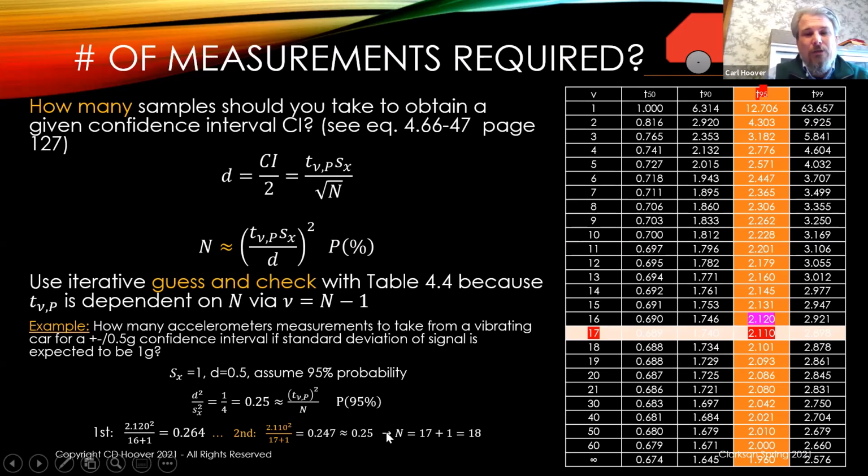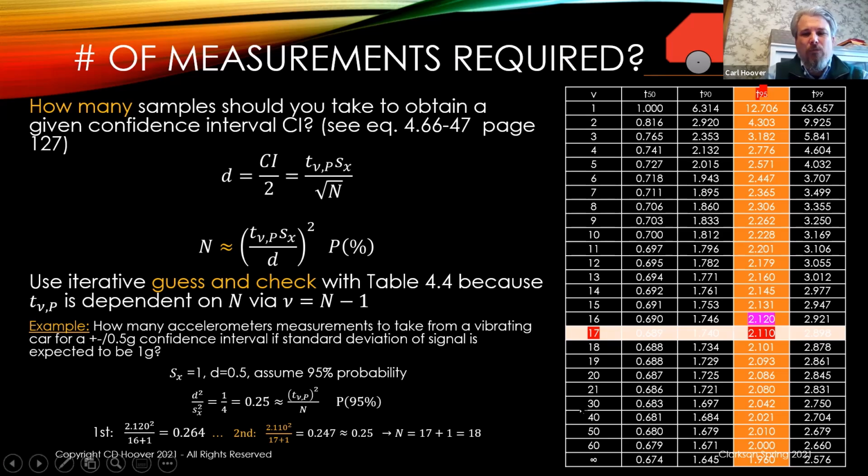So we can then conclude that if we have a sample size of 18, that should allow us to use that accelerometer with a confidence interval of plus or minus 0.5 g when we have 1 g of standard deviation. Okay, that's that one.